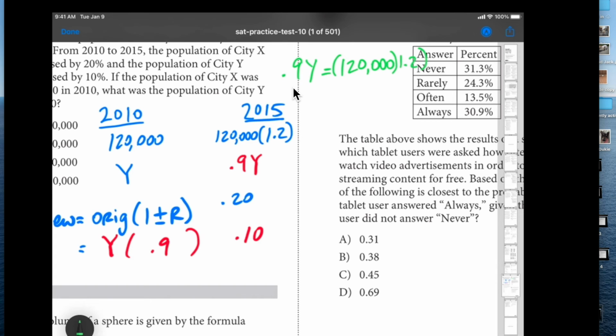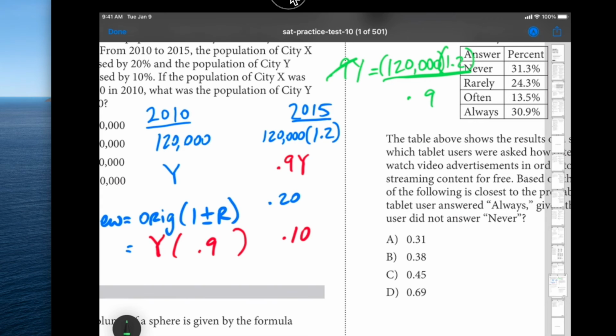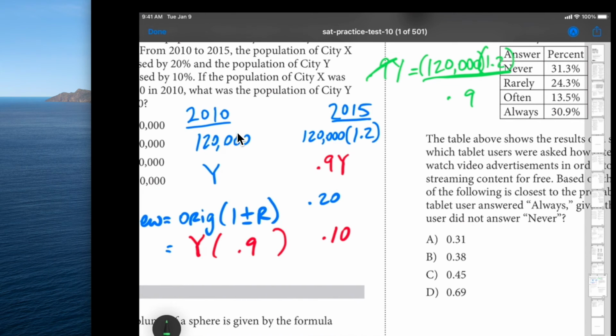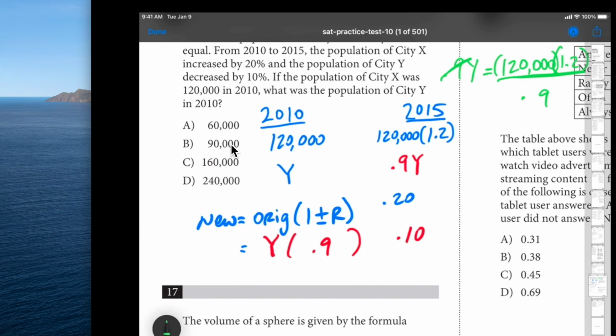Divide both sides by 0.9. And when you do this computation, y equals 120,000 times 1.2 divided by 0.9, you get 160,000, which is choice C.